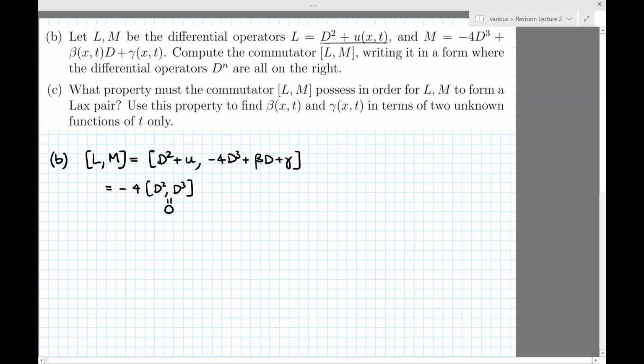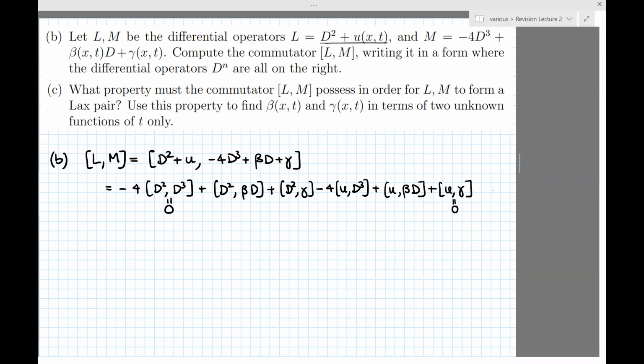Then we have the commutator of d squared with beta d, and the commutator of d squared with gamma, minus 4 commutator of u with d cubed. Then we have the commutator of u with beta d, and the commutator of u with gamma. This last commutator of u with gamma is 0 because u and gamma are both functions, so these are multiplicative operators, and u gamma minus gamma u is 0 by the commutativity of the product.